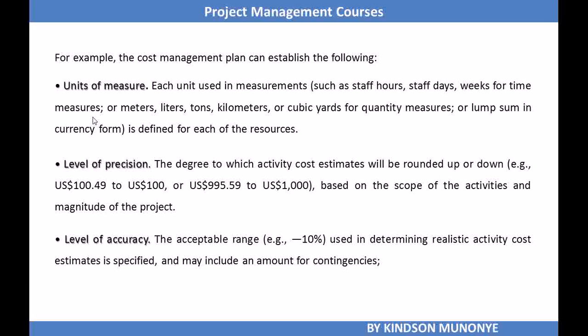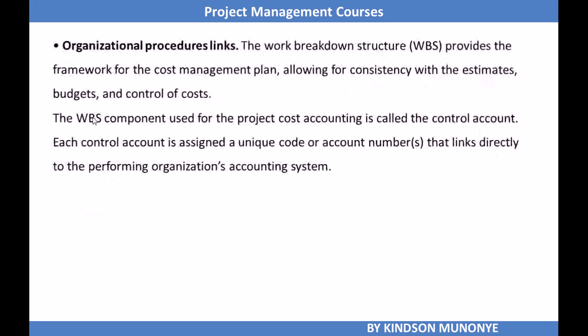Is it liters, meters, tons, kilometers? Level of precision needed, is it to the hundreds or to the tenths or to the thousands? So unit, level of precision, and level of accuracy, plus or minus 10%, etc., are also established in the cost management plan.